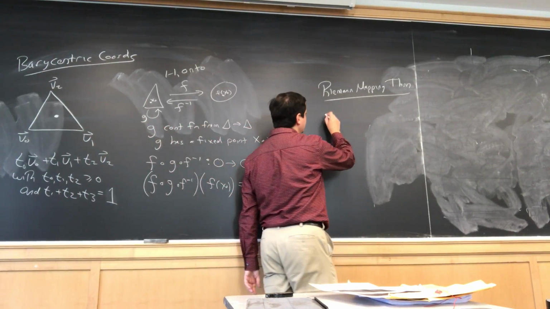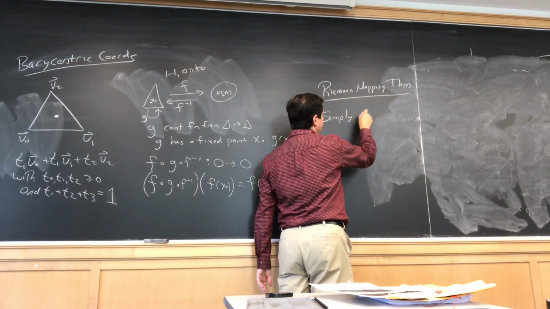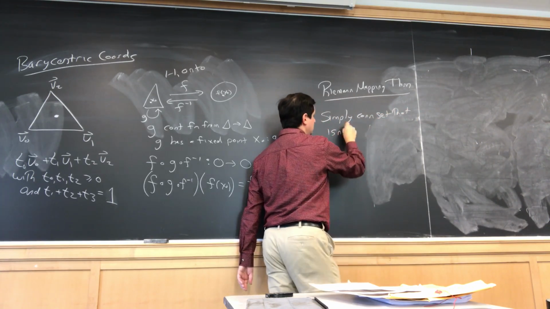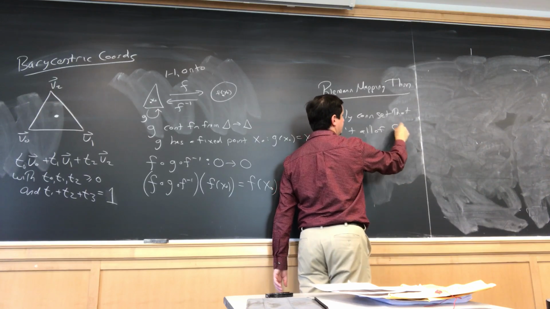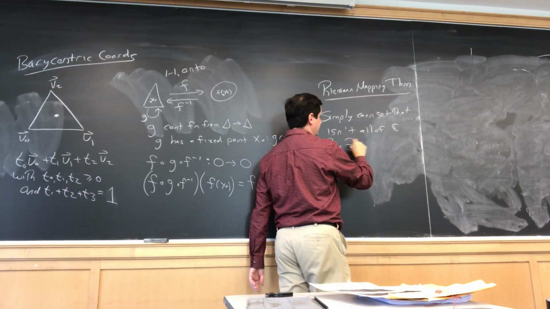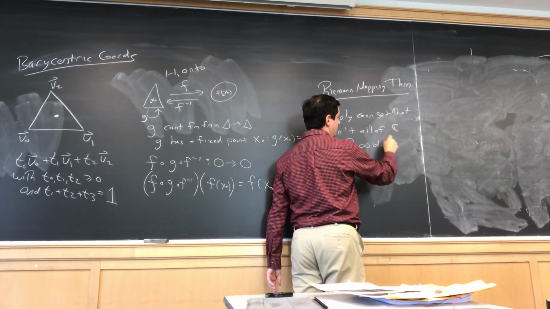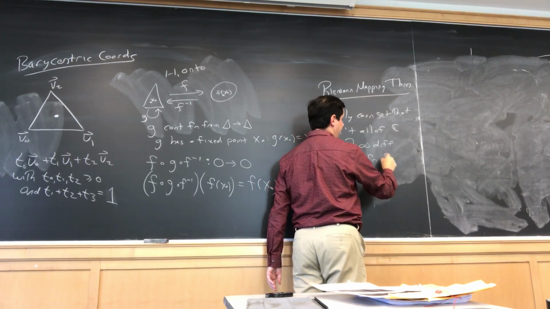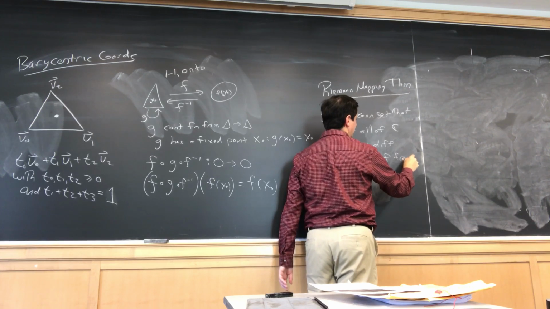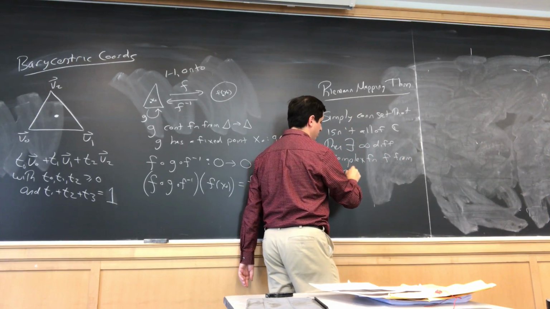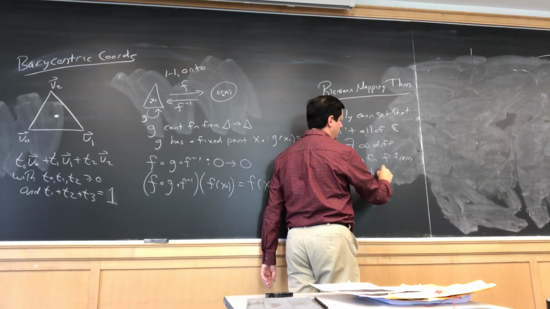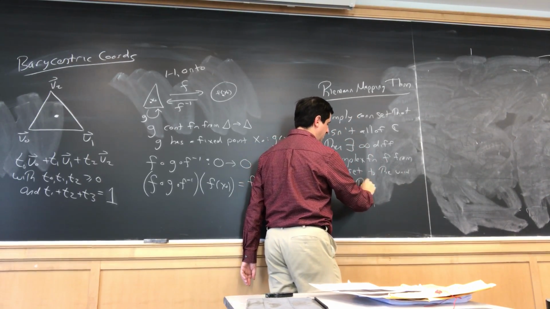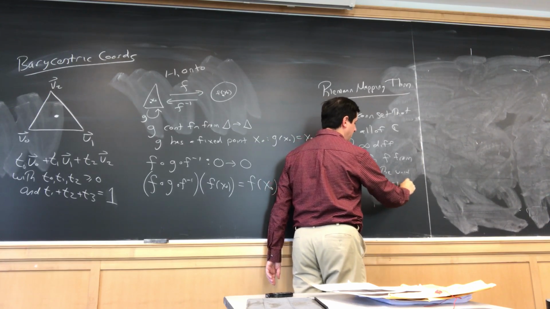And it basically says if you have a simply connected set that isn't all of C, then there exists an infinitely differentiable complex function f from your set to the unit disk that is one-to-one and onto.